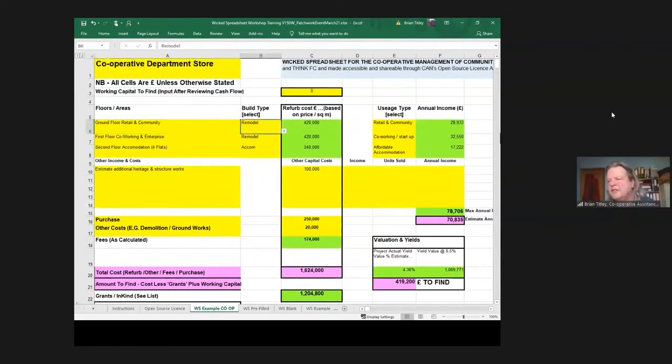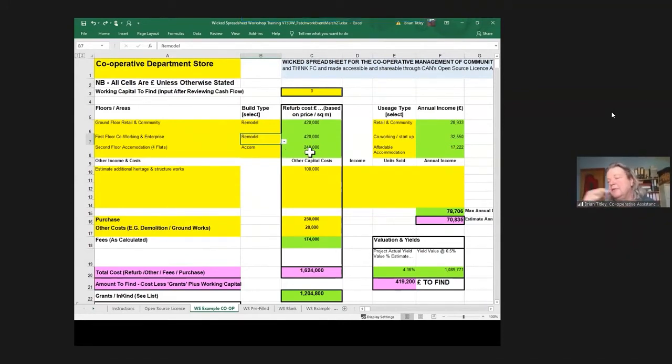So this uses a pull down. So if it's a heritage bit of work, it will change that. It's just drawing off that table that's below, and so you put refurb or whatever you want to do, and likewise with that. So that's pulling up from the area of the square meterage on that floor.